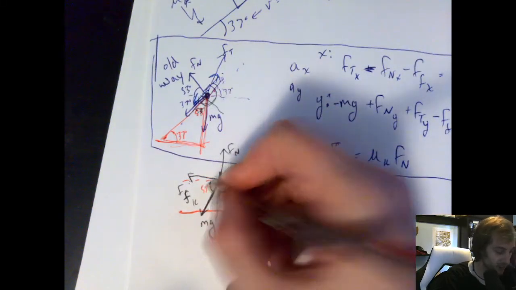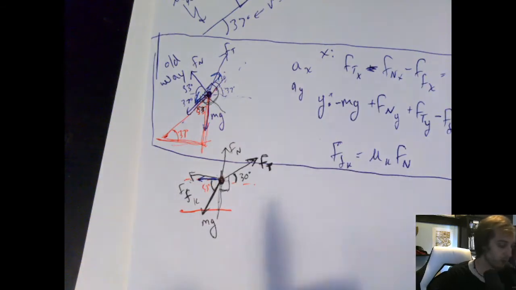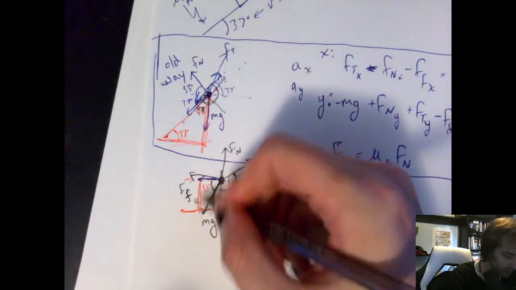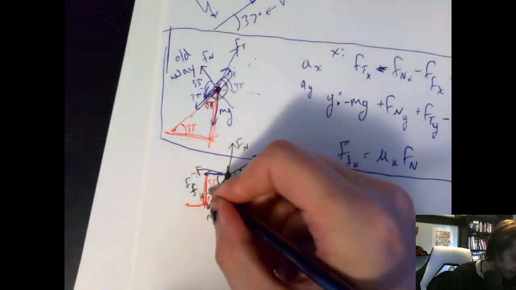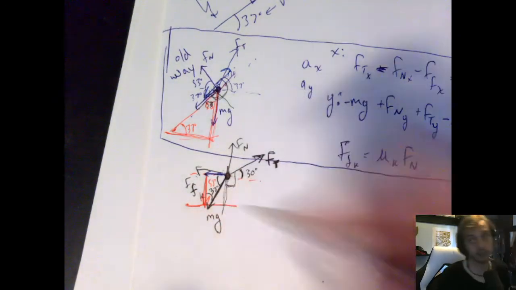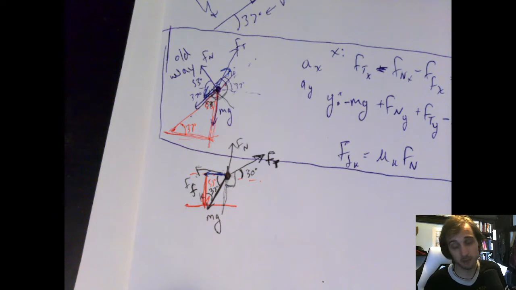Because this is 53 degrees, if I make my components here, with my x going along the hill, and my y going perpendicular to the hill, then this angle right here is 37 degrees, or the hill angle. So what we've done is broken that up so that it's based on the hill angle, and which way is going along the hill or parallel to the hill, and which way is going into or out of the hill or perpendicular to the hill.